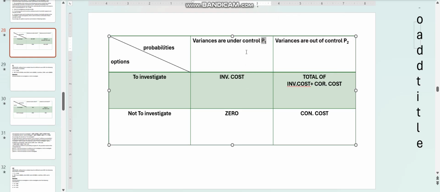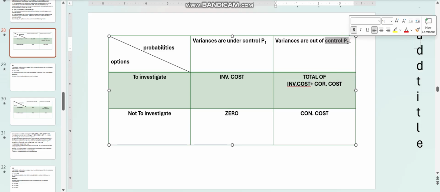This is for the first cell, plus total of investigation cost and correction cost times its related probability, that is P2. The total represents expected cost of to investigate.